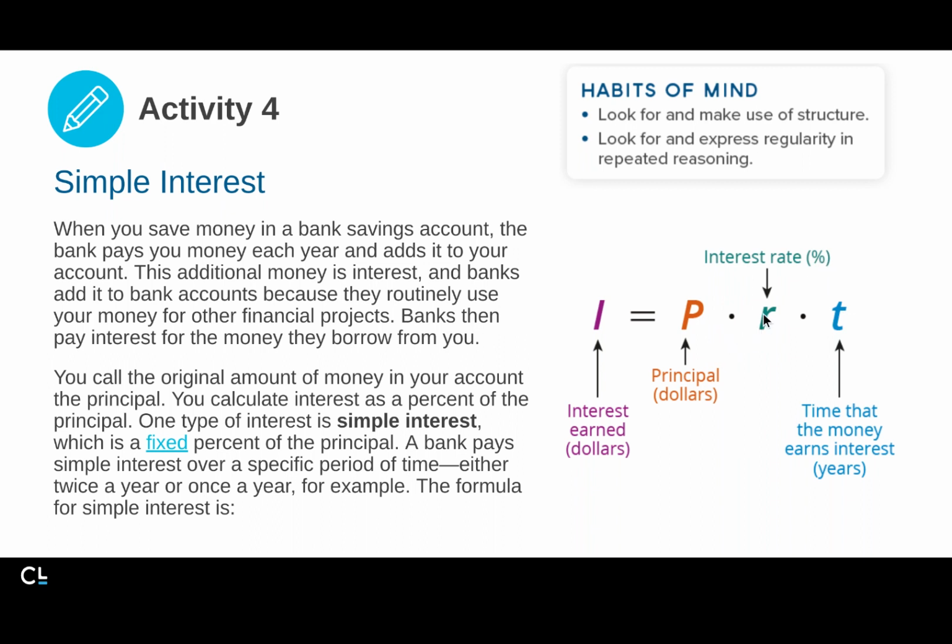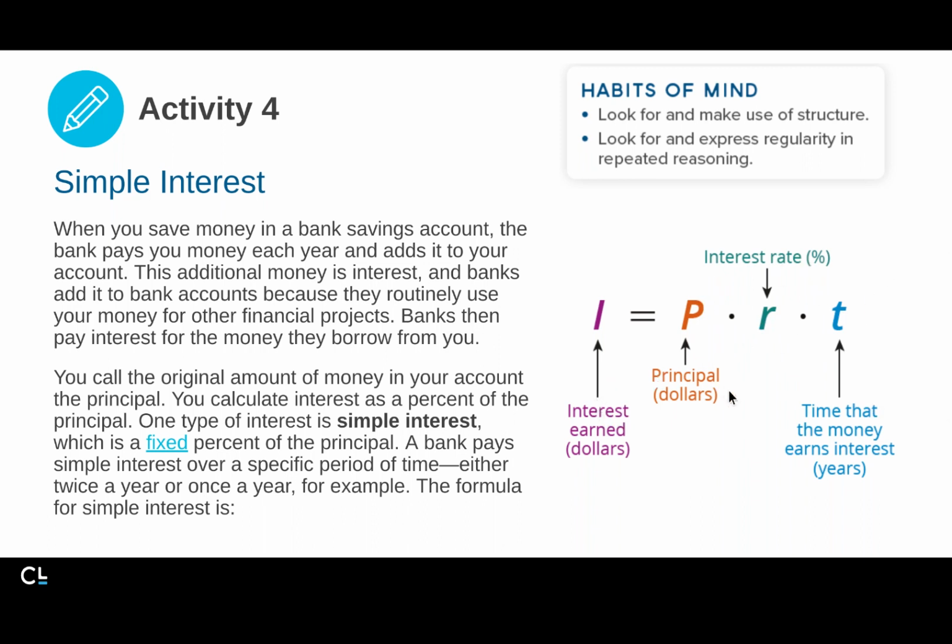Okay. However, when we factor it all out, just like when we were doing the percent equation, we are going to write it as a decimal. So when we are factoring it into this equation here, we will write it as a decimal. So if it is an interest rate of 15%, right? We are going to factor it in here as 0.15 when we're trying to find out the interest.